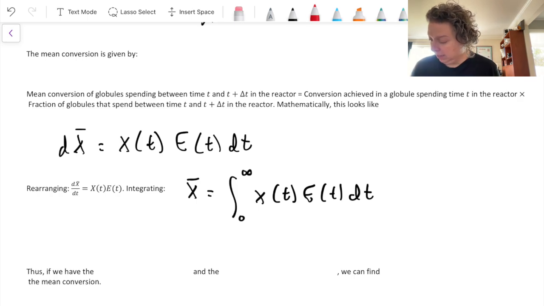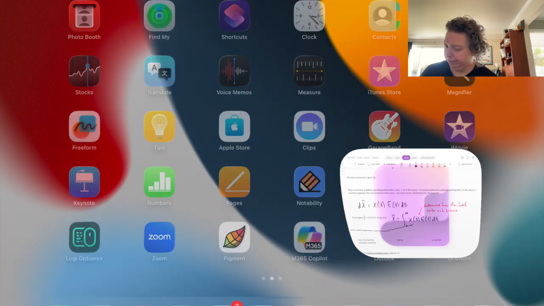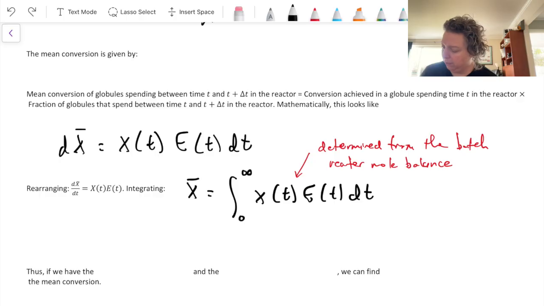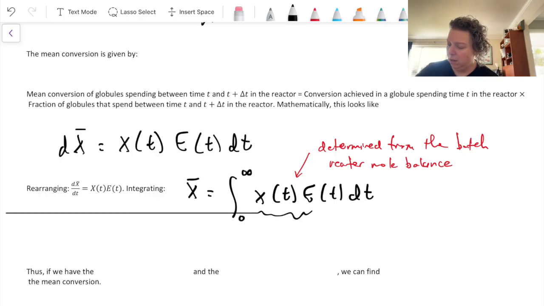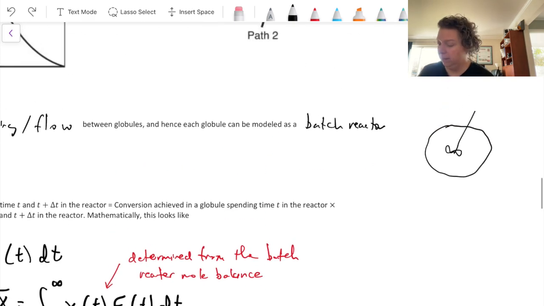X of t is determined from the batch reactor mole balance. We use the batch reactor mole balance here regardless of what reactor we are actually modeling, because this particular function, x of t, is not for the reactor, it is for our globule.